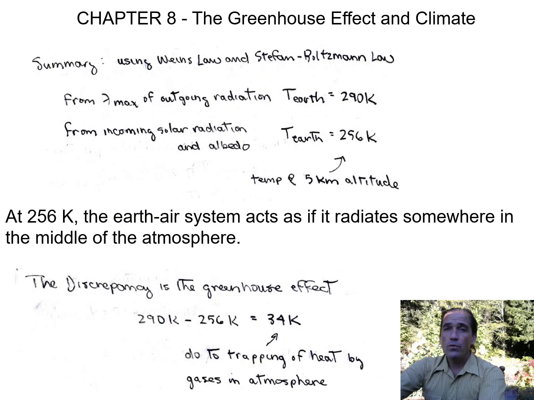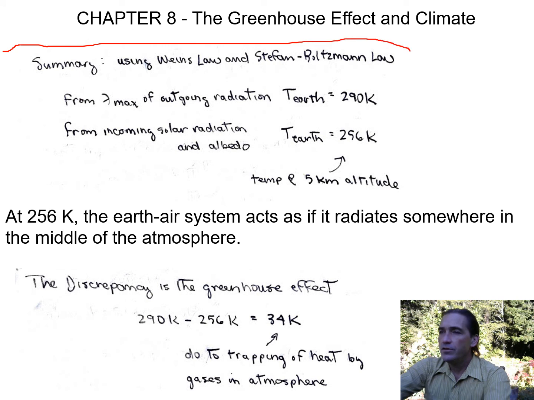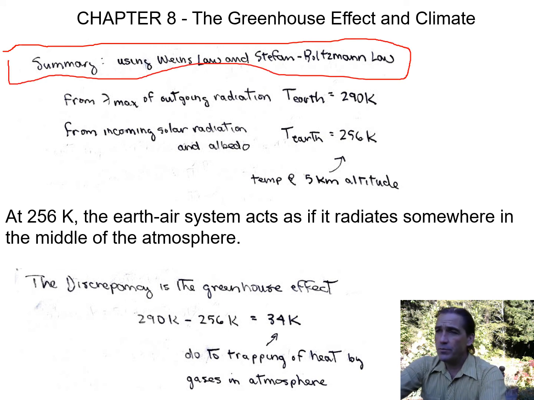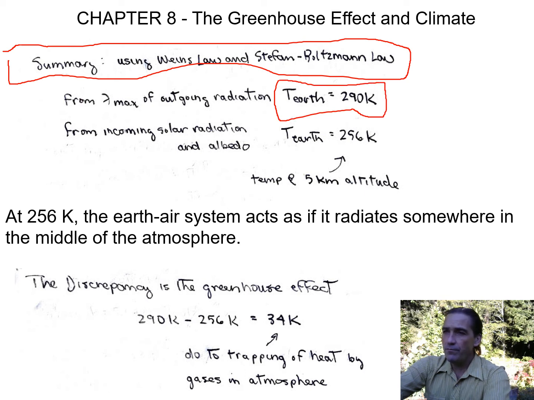And so let's end this video with a quick take-home message. So using both the Wien displacement law and the Stefan Boltzmann law, we were able to determine that the Earth's temperature based upon outgoing radiation should be 290 Kelvin, and that is what we observe.